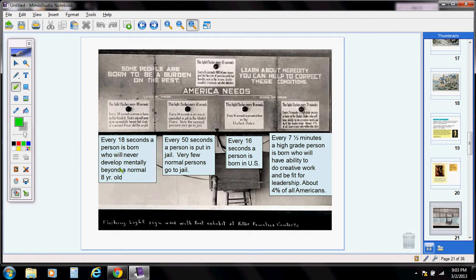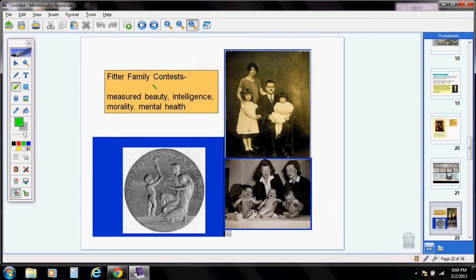Babies born will develop normal, high-grade people. This was somewhat of a 4-H process. They even gave fitter family contests to those who essentially measured in beauty and intelligence and mental health and were good gene stocks, and your picture would be in the paper and you'd have a medal.